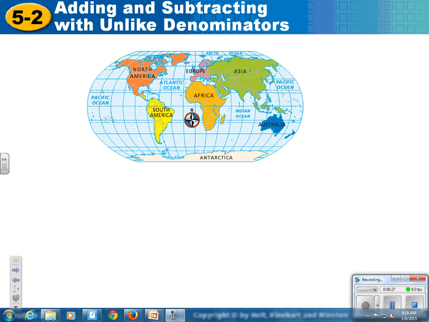When you add and subtract fractions, you need a common denominator. So if you have a number like this, say it's 1/4 plus 3/4, that is very, very easy, because the denominator, or the bottom number, is the same.